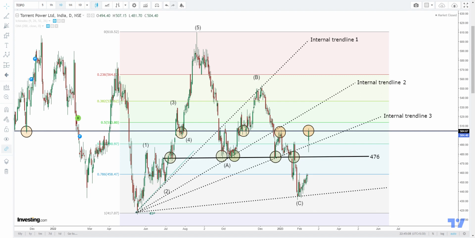As we discussed, this was the area of confluence with respect to the golden ratio, and if the aggressive price momentum continues, the market will settle above 50% and it will act as a very strong support trend line. So it will not be easy for Torrent Power to break it. If at all it breaks and takes the support at 38% or 50%, again it will act as a resistance trend line. So this is the behavior.